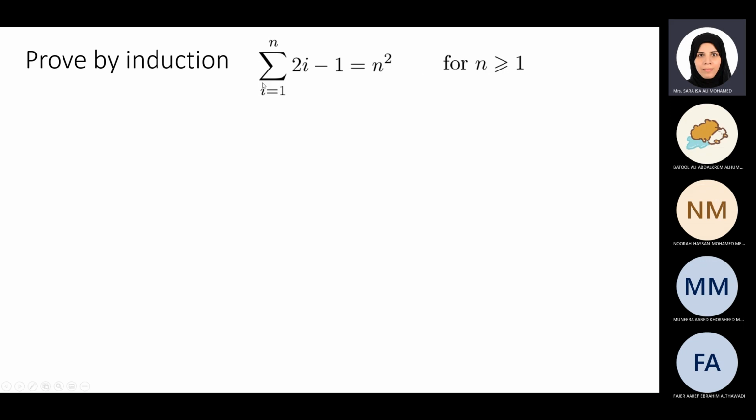Here it's about summation. When I say summation from i equal 1 to n for any given term, it means I will substitute with 1 here, plus substitution with 2, plus substitution with 3, and I will stop when I reach a substitution of n.